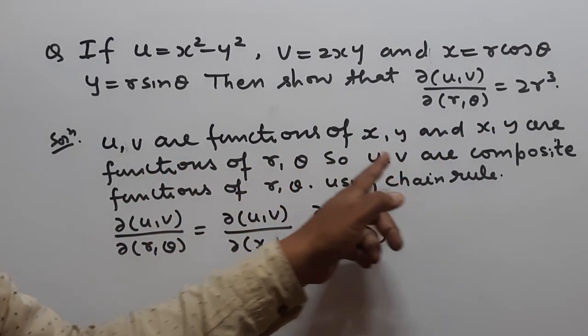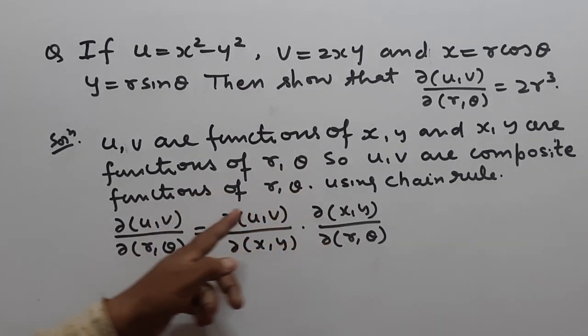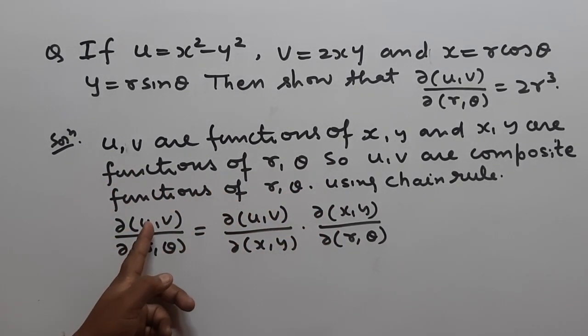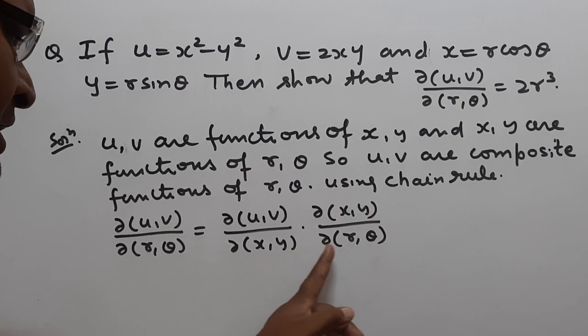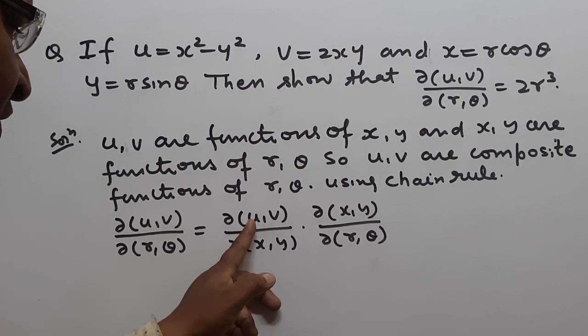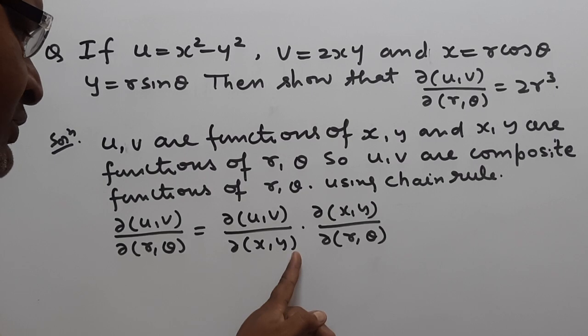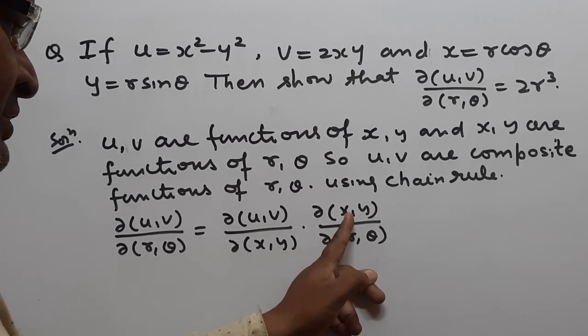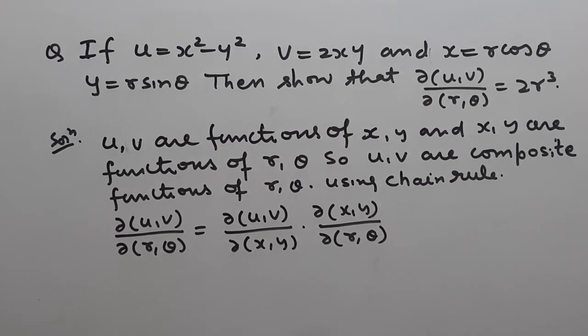So u and v are composite functions of r theta. So when we find the Jacobian of uv with respect to r theta, this can be written as the product of Jacobian of uv with respect to xy and Jacobian of xy with respect to r theta.